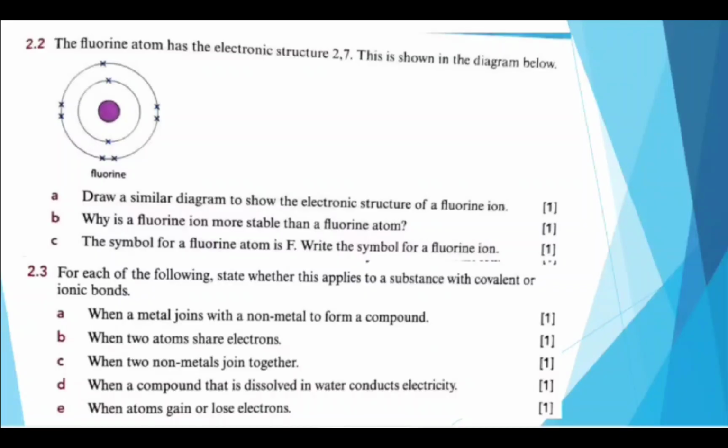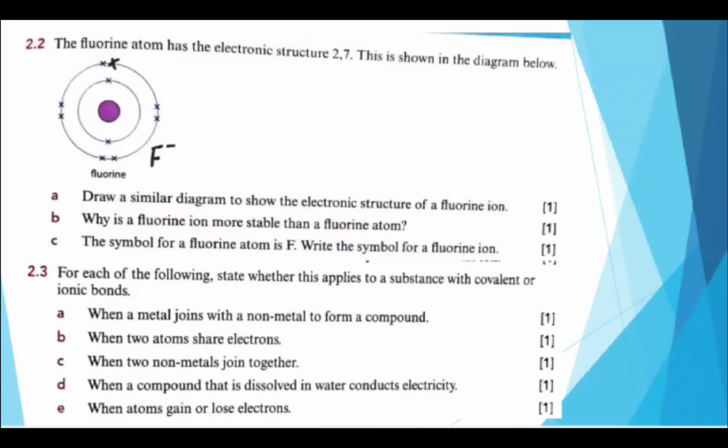Okay, fluorine ion, that means you will simply have to make another structure like this, and you will have to add another electron out here to show stability, and you will write the letter F with a negative charge on top. Why is a fluorine ion more stable than a fluorine atom? Because its outermost shell becomes stable and full in capacity.